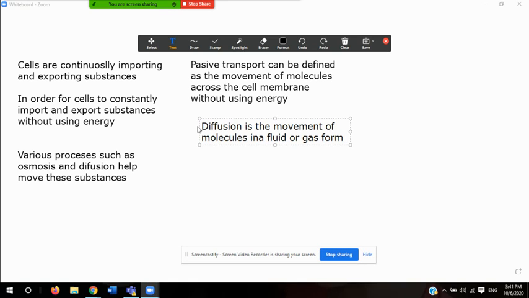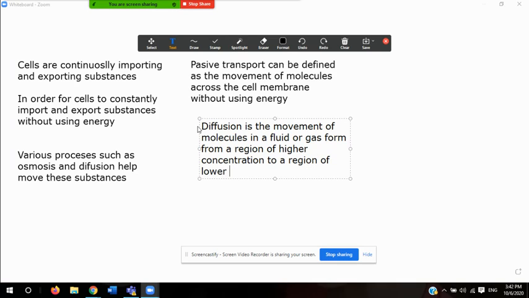Diffusion is the movement of molecules in a fluid or gas form from a region of higher concentration to a region of lower concentration.